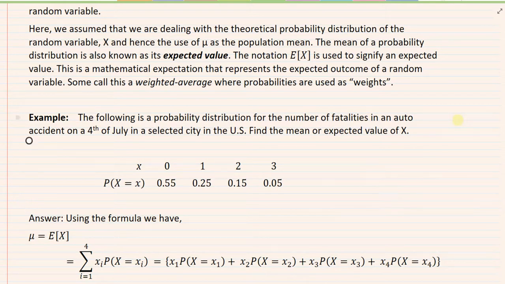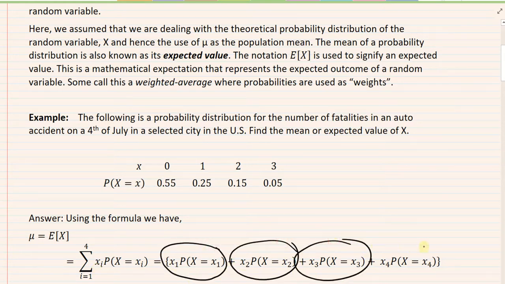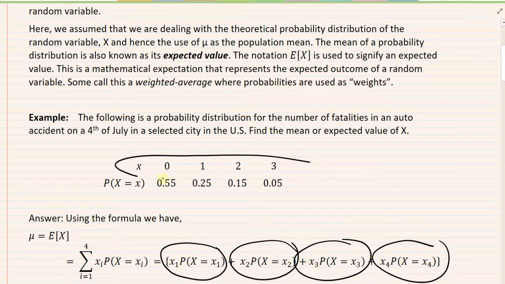So that means I need to multiply x, the outcome, and p of x, the probability of the outcome. So I've written this down using subscript i, that's x1, probability of x1, x2, probability of x2, x3, and x4, because there's only 4 outcomes here.